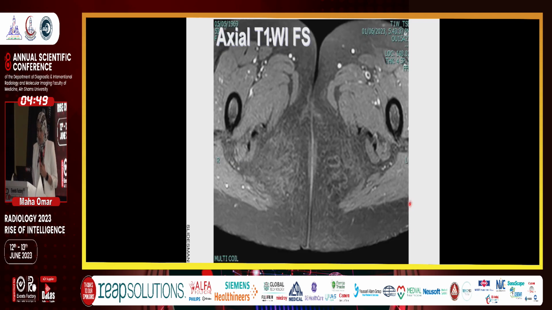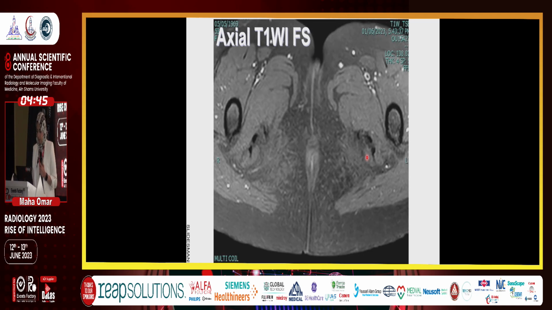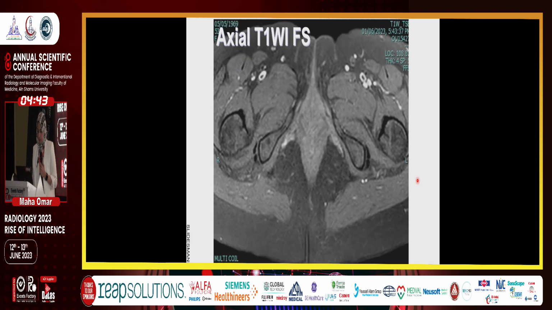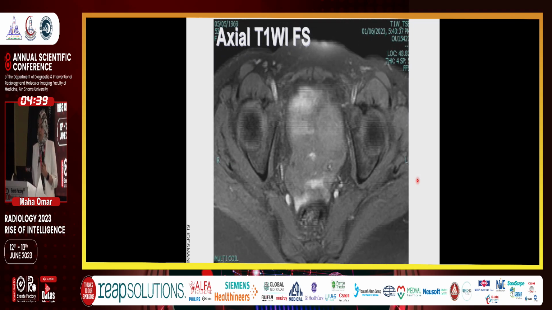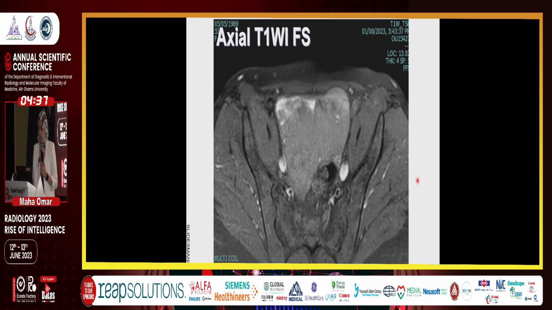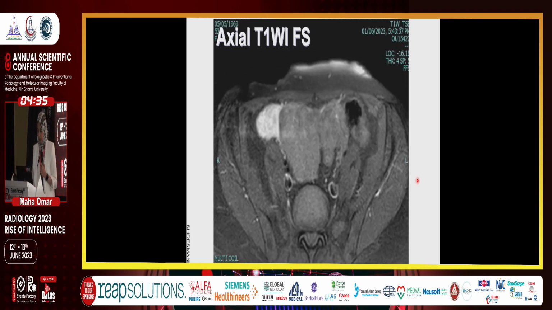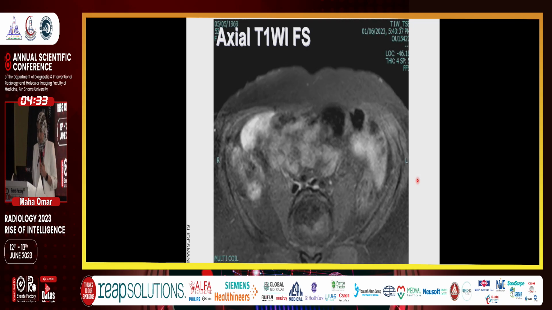Okay. The axial T1 fat sat pre-contrast of the pelvis. Okay.